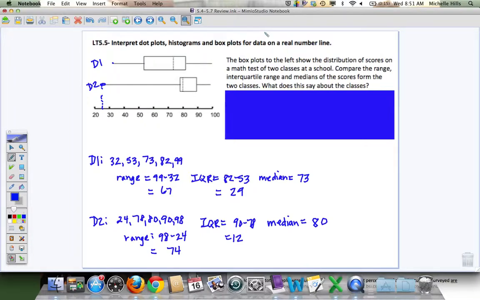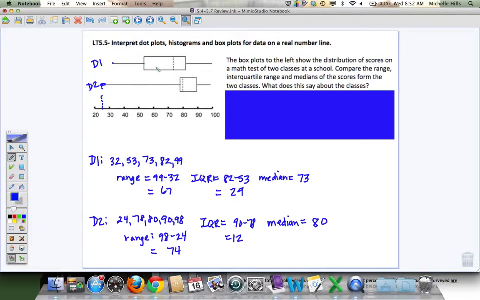Remember that quartiles separate the data into roughly quarters, so 25%, which means about 25% of the class's scores fell below a C+, which means 75% of the scores in the second class are, if we think of a 78 roughly as a C+, a C+ or above.